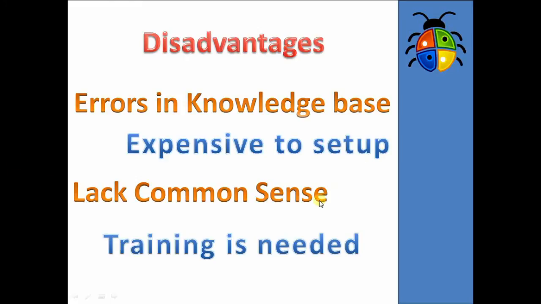Lack of common sense is another important one. I mean, the expert system can only factor in things that we have told it to factor in. For example, expert systems are sometimes used in oil and gas exploration. So maybe it decides because of different geological factors that we should be searching in the North Sea at a particular place.